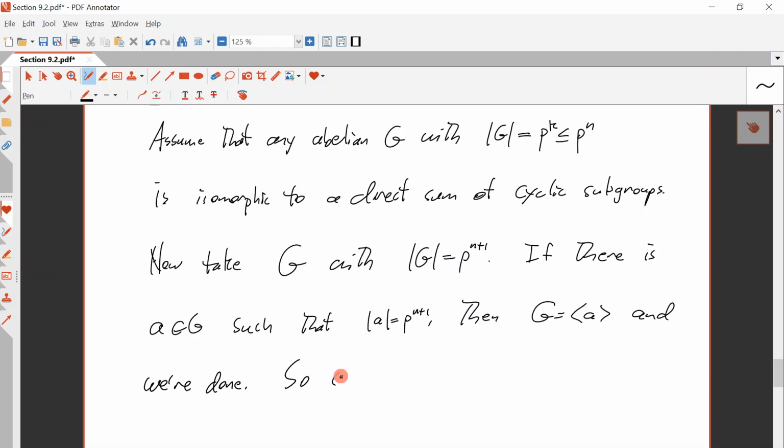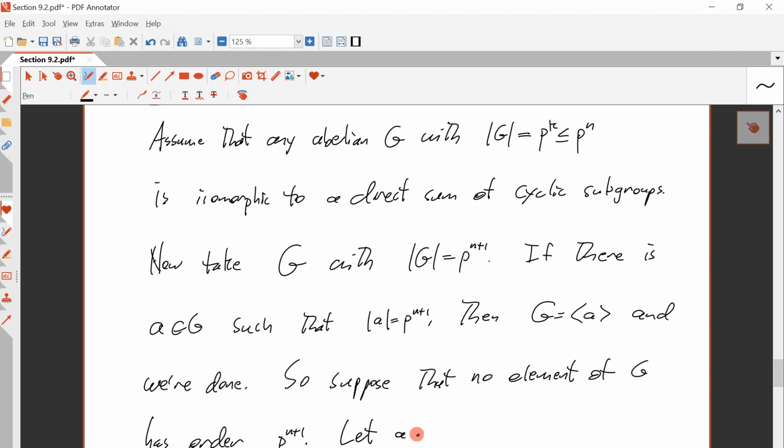Alright, so suppose that no element of G has order p to the n plus 1.